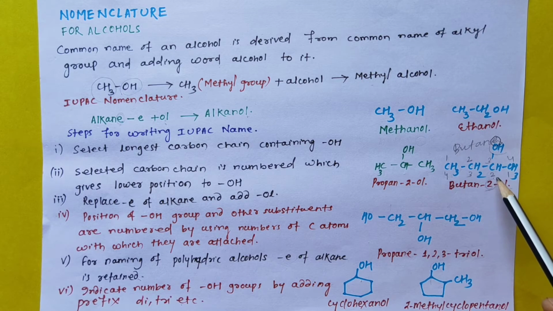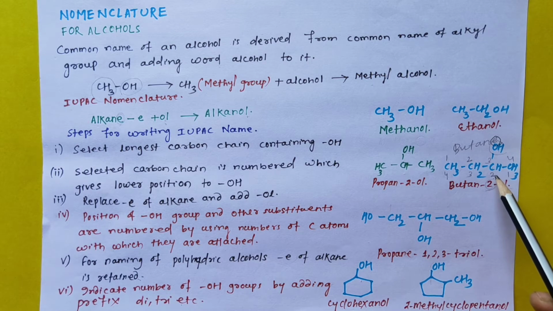Okay, and remember one thing, whenever you are writing the longest carbon chain and numbering it, don't think that this carbon will be number 1. In the case of aldehydes and carboxylic acids, this carbon can be numbered 1. Those are terminal groups.